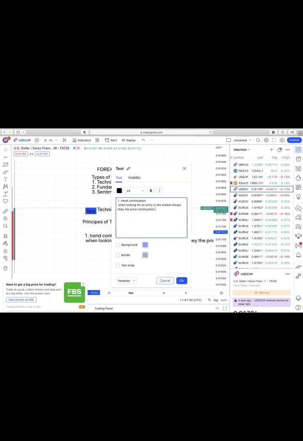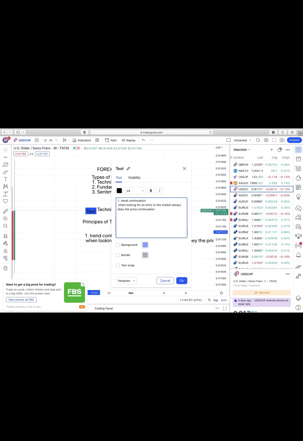Obeying means first take into consideration the price continuation. Always, first, what we need to take into consideration is the price continuation, guys.